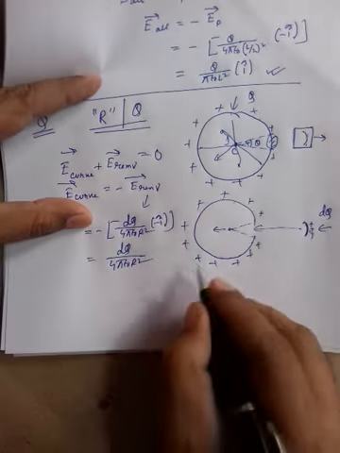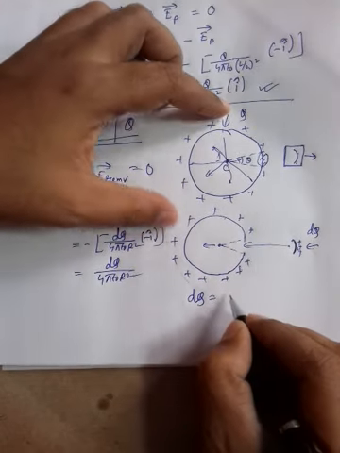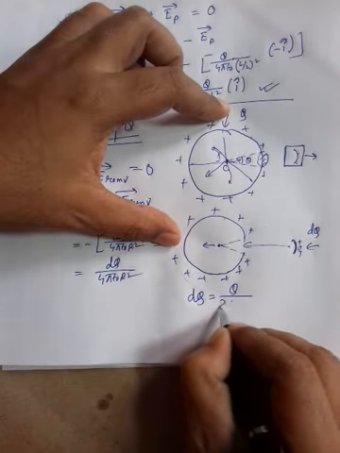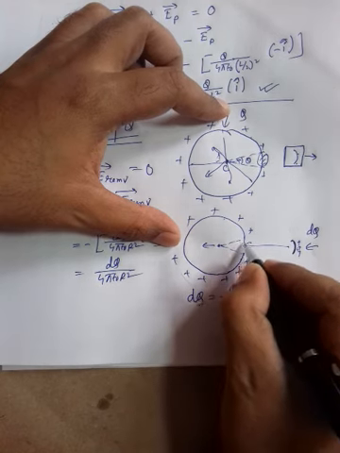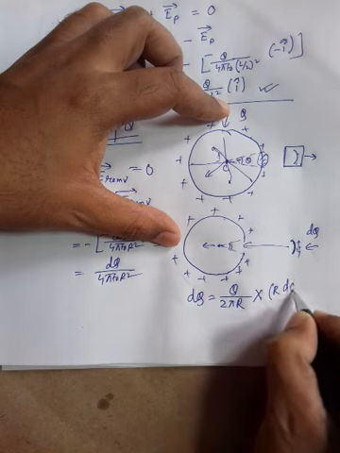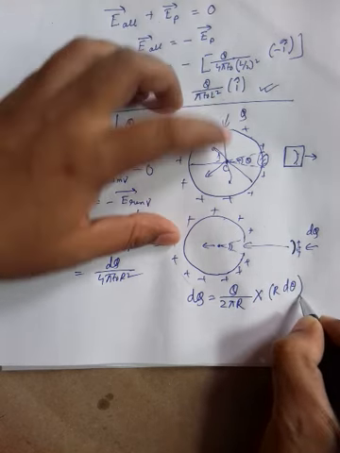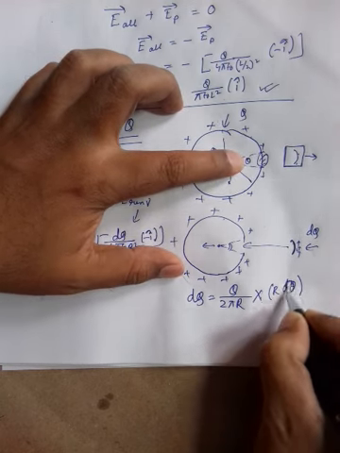How to get dq? Let me show. Simple. In the question it is written that Q amount of charge is present uniformly in the whole ring. We are interested in this portion. This portion is r into d theta. In the question this angle is theta, so you can write r theta.